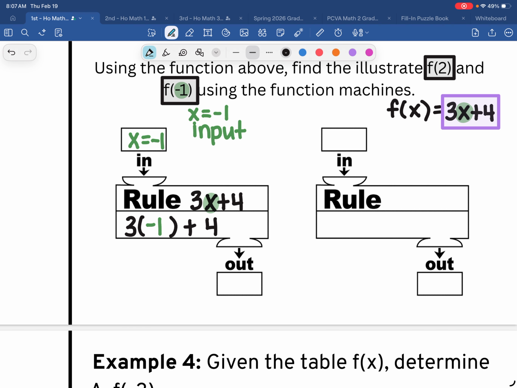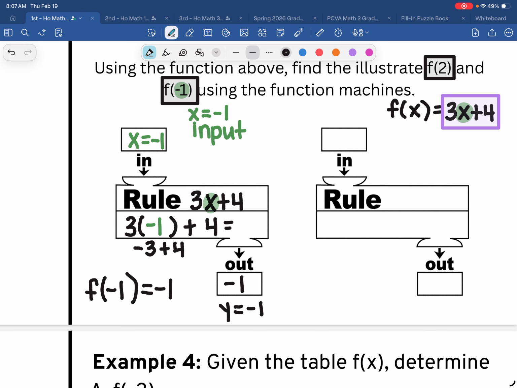Now, you can type this into Desmos, but essentially what you're looking at is we have 3 times negative 1 is going to be negative 3 plus 4. So I have an output of 1. So my output of 1 means I have a y value of 1. So overall, what I'm saying is f of negative 1, if I input negative 1, I get an output of 1.